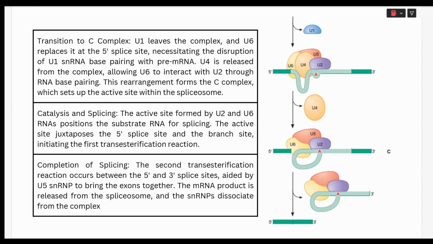Basically, the second transesterification reaction occurs between, I hope you know, the 5' splice site and the 3' splice site that we have here, and it is done with the help of the U5 guy. Right? You see the guy in the back, the U5 snRNP. It brings the exons together. I know I cannot show you how it works, but it does, right?